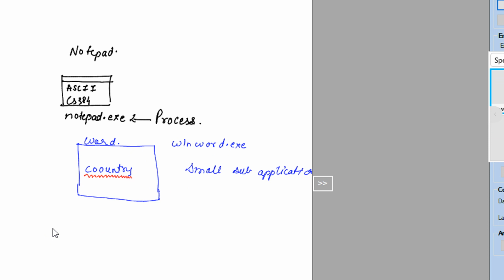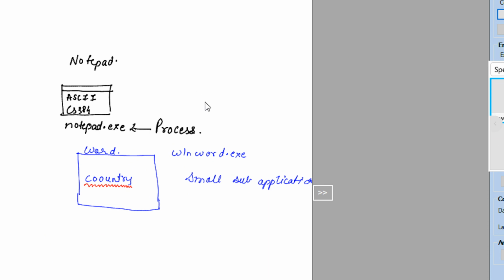Since you are now experts in Python, you can imagine there has to be some code running in the background that is giving me this red line. What that code is doing is it picks the word and checks whether the word is in the dictionary. If it is not there, it will do a red underline. If the word is there, it won't do a red underline. Fine, simple concept, right?